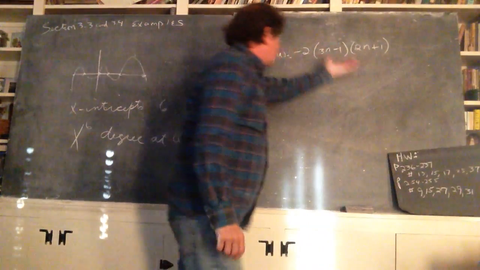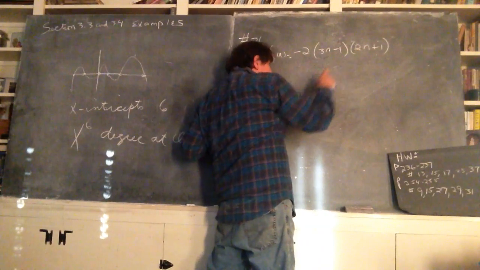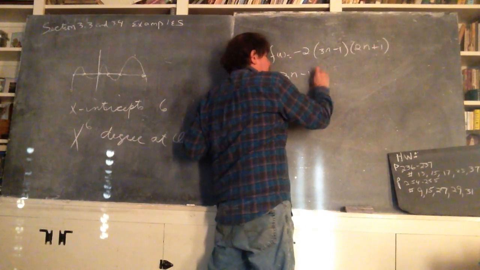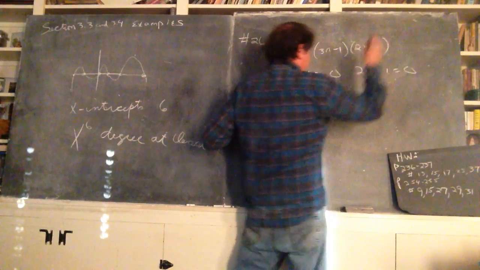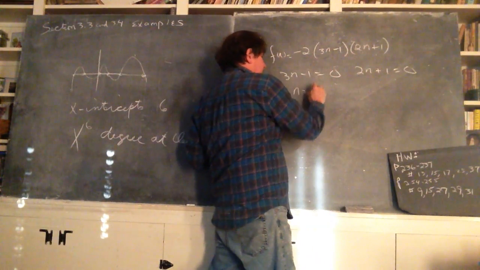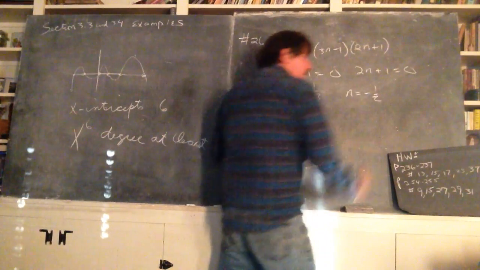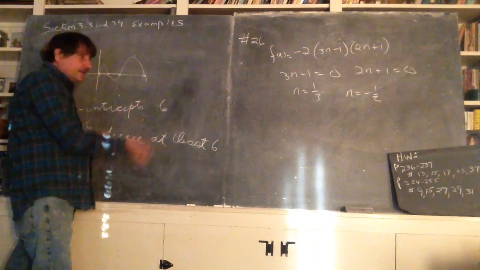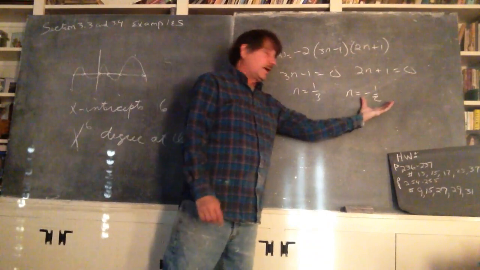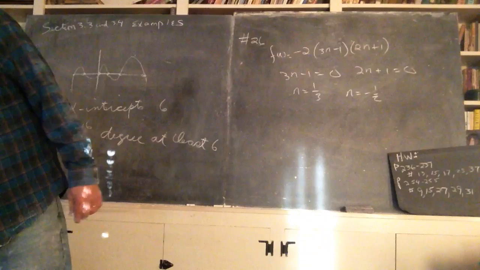What are the zeros of that? Well, that's never going to be 0, but that could be 0, and then that could be 0. And so solving them, those are 2 of the points that hit the x-axis, at 1/3 and negative 1/2. Solving for zeros of that.